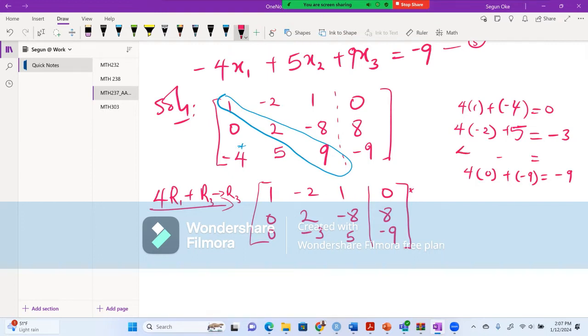We have 4 times R1, which is 1, plus 9. 4 plus 9 will give you 13. So put 13 there instead of 5. The remaining one will be the same.